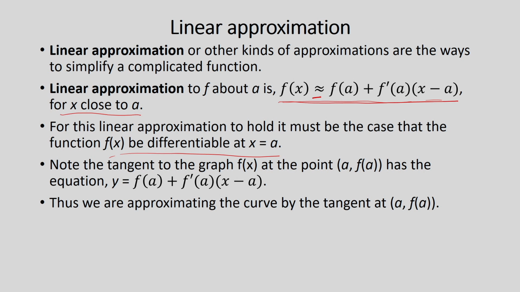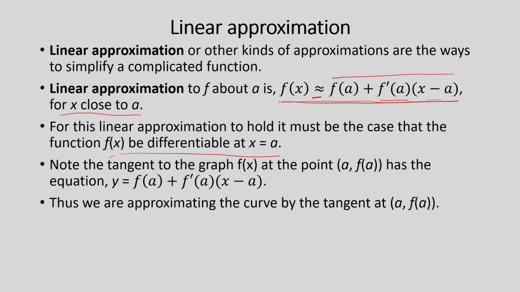Otherwise you cannot find f prime of a, and if you cannot find f prime of a, obviously this right hand side cannot be derived. So, you cannot linearly approximate the function about a.